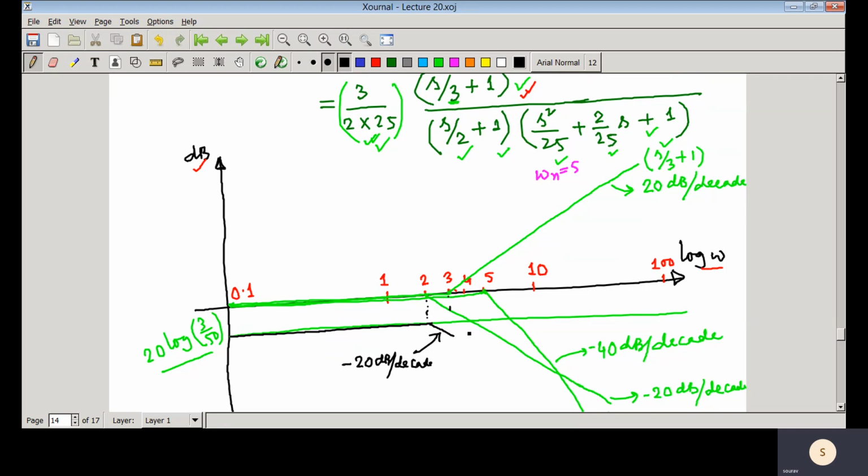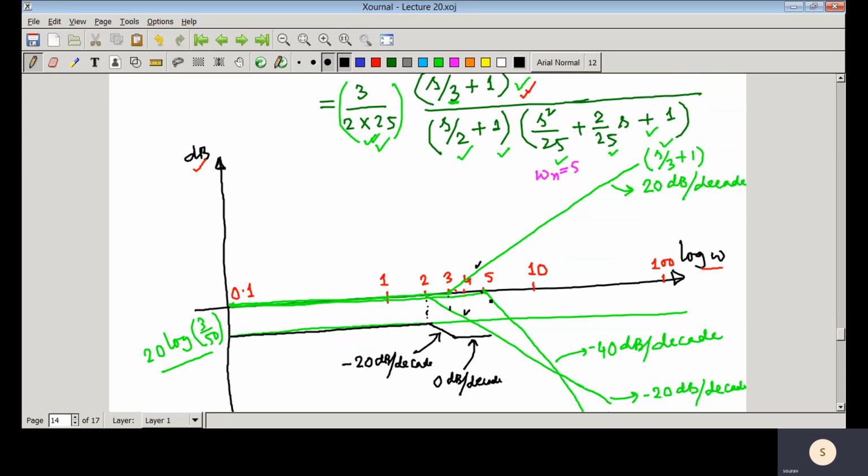And then from 3 to 5, there is one negative slope and one positive slope. So then that would be flat up to 5. So this slope is 0 dB per decade, because this is that negative slope and this is positive slope.